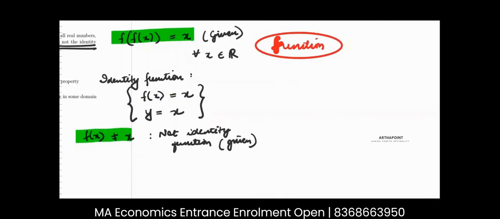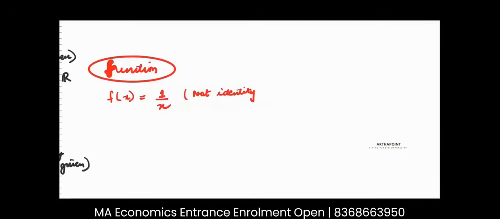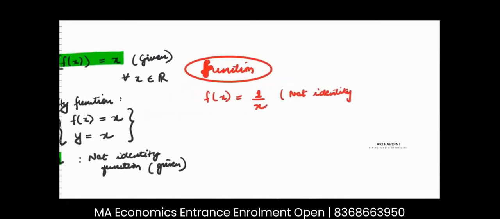So let's say that I take the function where f of x is equal to 1 by x. It is not equal to x, so it is not an identity function. Now what I do is I find f of f of x, which means wherever my x is, instead of x, I will put f of x.